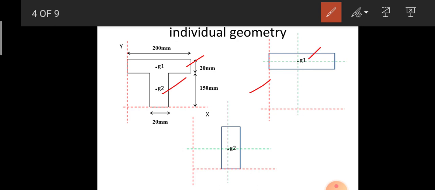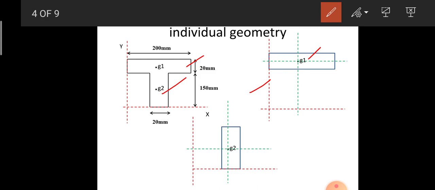Here G1 represents the centroidal point for the individual rectangle at the flange part, and the red axis line represents the reference axis, and the green dotted line in the x and y axis, or green line in the horizontal and vertical dimension, which bisects the centroidal point, represents the centroidal axis of the rectangle at the flange part.